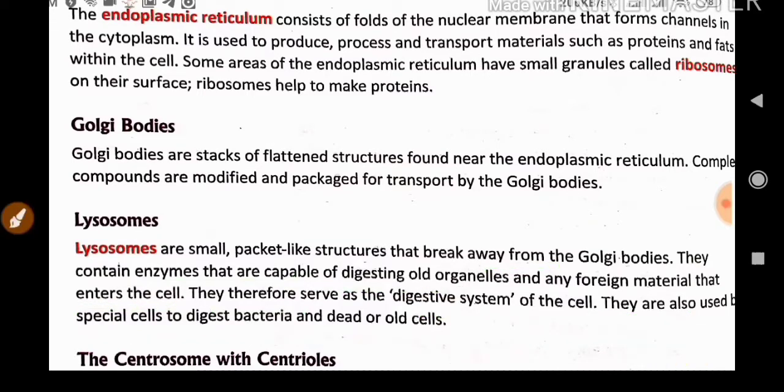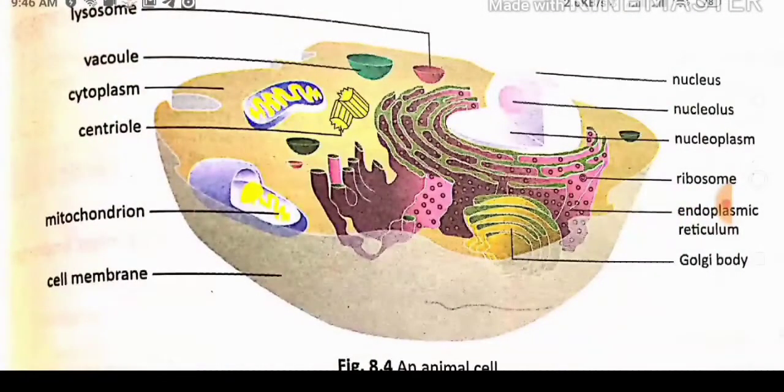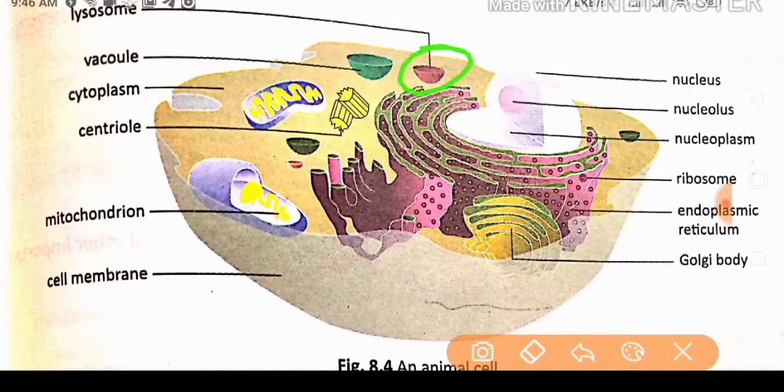So mainly these are the digestive system of the cell, which digest all the old organelles and any foreign particles such as bacteria. You can see here the lysosomes also. These are the structures.